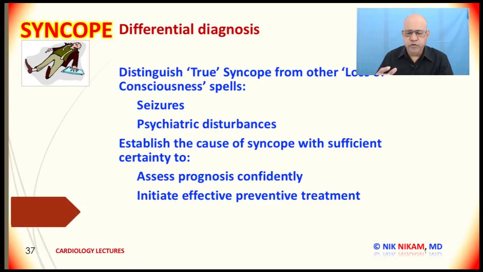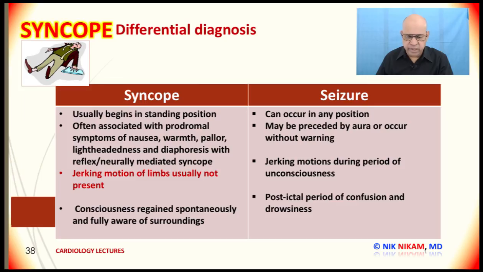How do we differentiate true syncope from other causes of loss of consciousness, such as seizures and psychiatric disturbances? Let's look at syncope versus seizure. Syncope usually begins in a standing position, whereas seizures can occur in any position. Even syncope, if it's related to cardiac arrhythmia, can occur even if the patient is lying down.